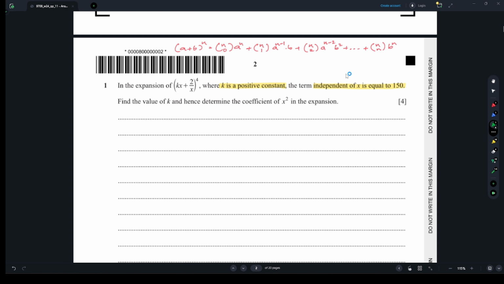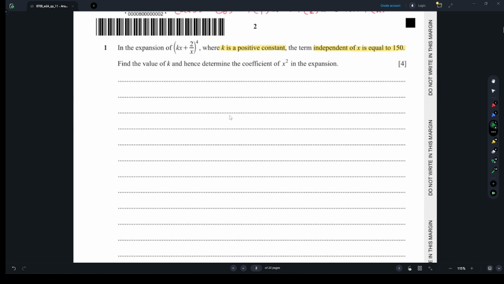So you have to write the expansion and find the term which is independent of x. Now let's write down the expansion.